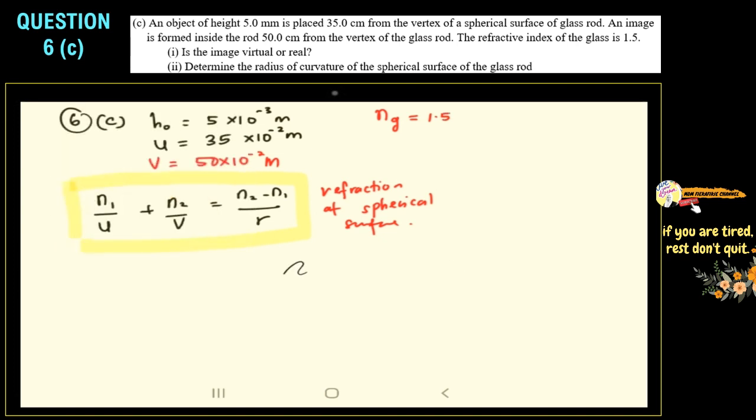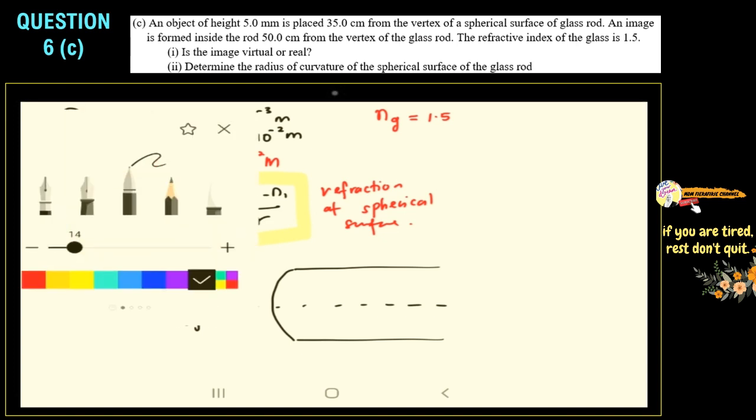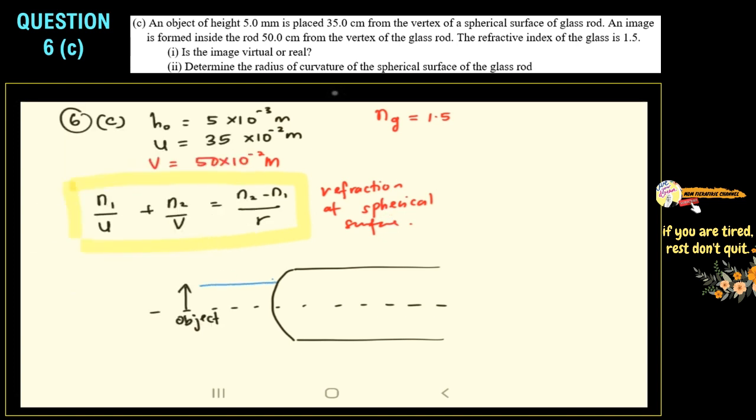So maybe the rod looks like this. Maybe the object is here. Okay, this is the object, and the distance here is u. It says the image is formed inside the rod, so this is the position of the image, which is 50 centimeter.